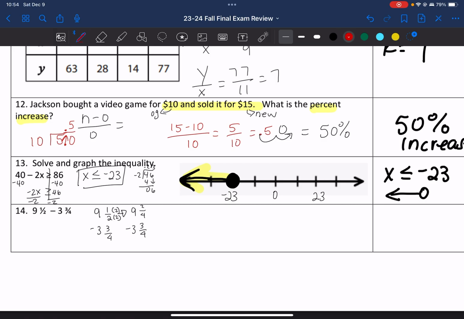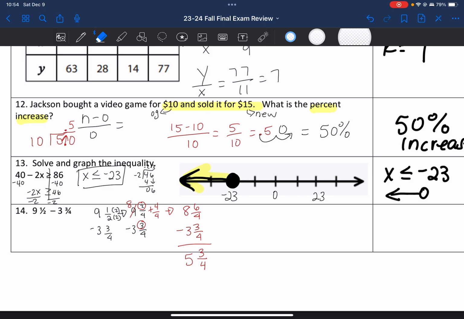But the problem is that you cannot subtract 2 minus 3, so you're going to have to borrow, and then you would have to do plus 4/4. So this turns into 8 6/4 minus 3 3/4. Now you can do this subtraction. So 8 minus 3 would be 5. For the denominator, we have 4, that stays the same. 6 minus 3 would be 3. So this is what we would get, 5 3/4.